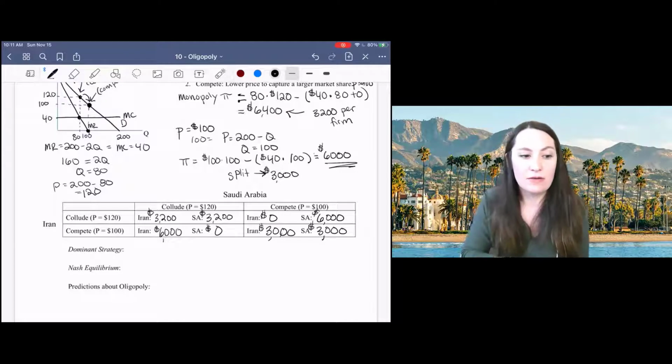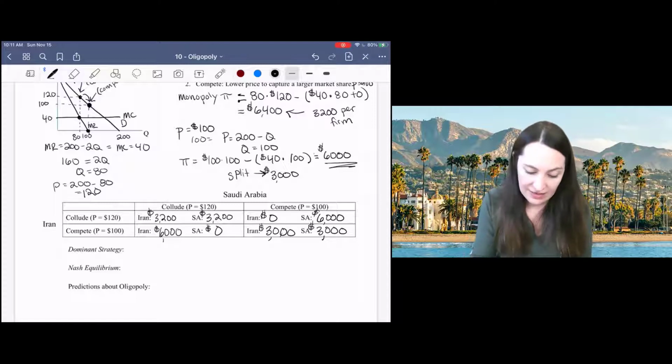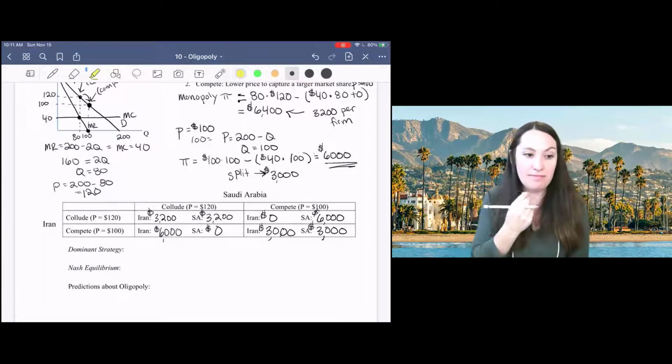All right, so now that we have everything in the game matrix, we can start to see that this situation is analogous to Prisoner's Dilemma. It is a Prisoner's Dilemma game, just like the game that we did in the last video. So what is Iran going to do?